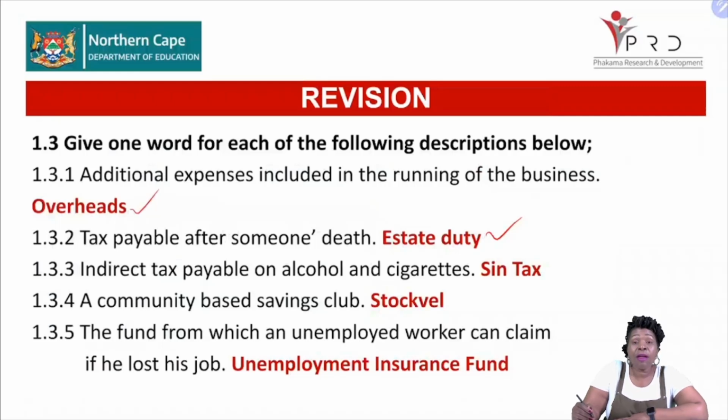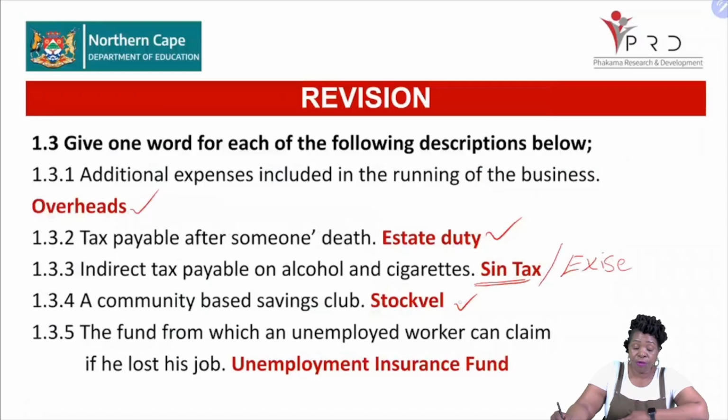And then point 3, indirect tax payable on alcohol and cigarettes. We call it sin tax, or sometimes excise duty. I'm sure it will be easier for you to remember sin tax. And then a community-based savings club is called a stokvel.